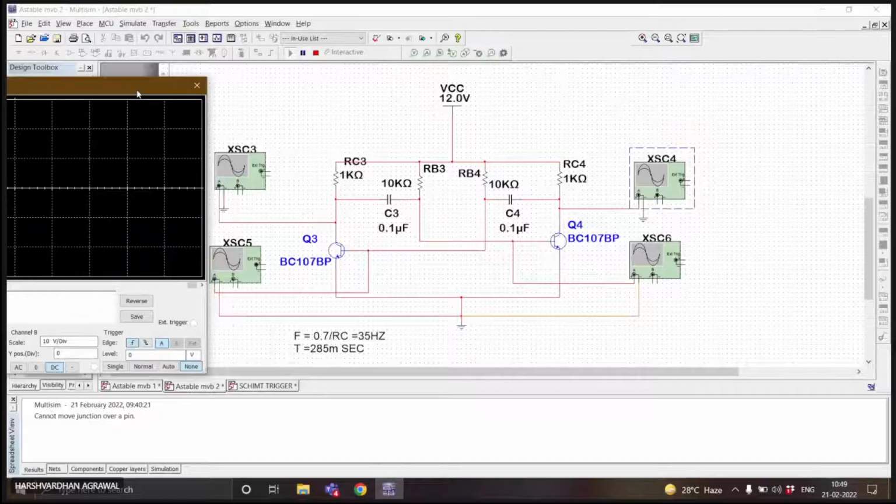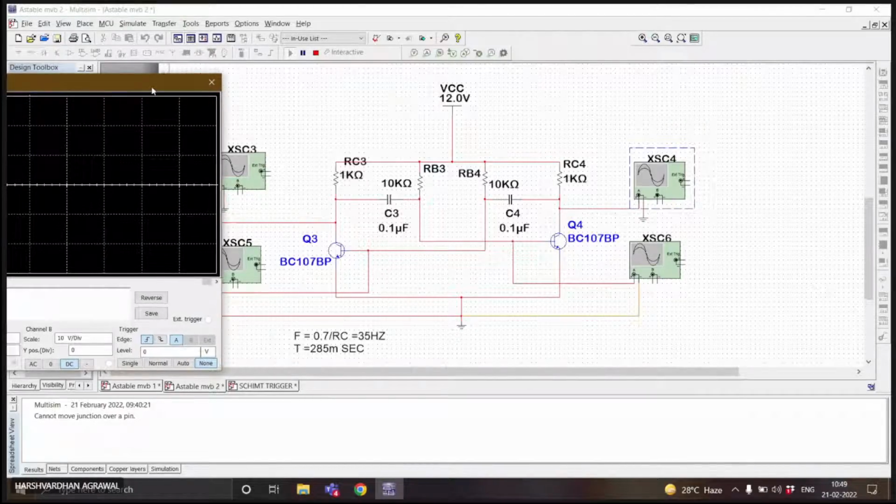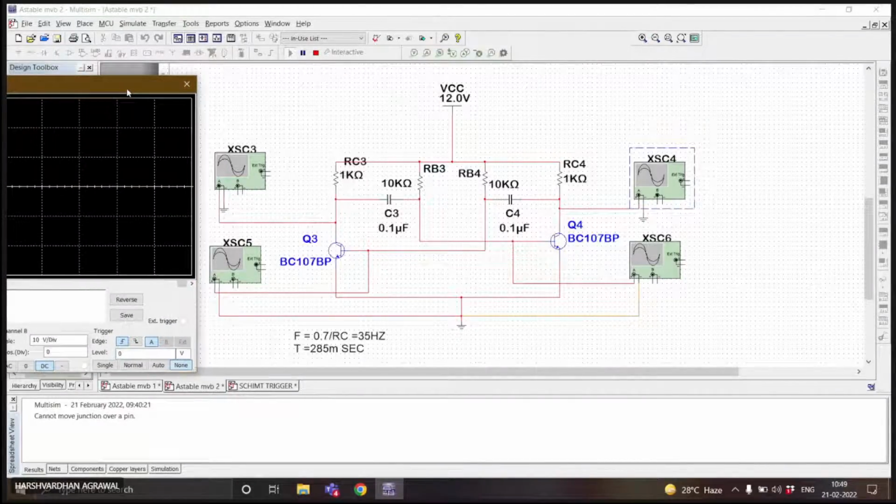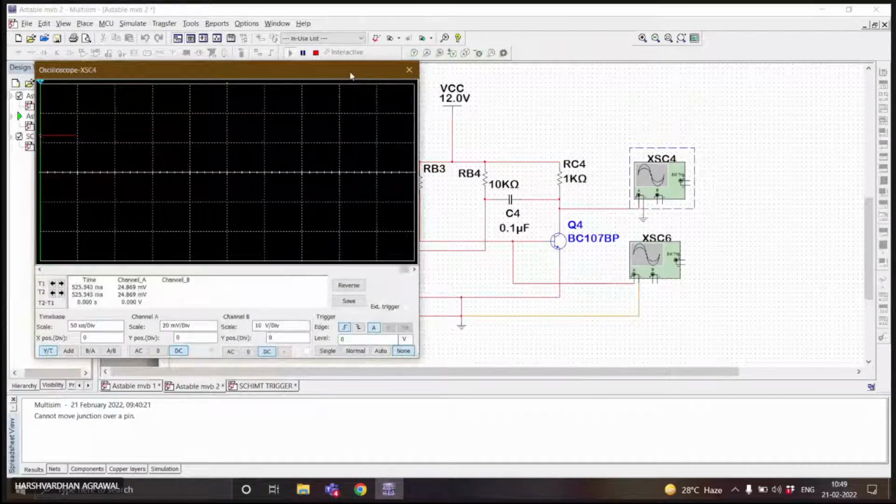No, then there is some issue. Check your connections once again. Maybe some line is not connected properly. Ma'am, we have to run it in DC mode only, no, ma'am? Yes, in DC only.